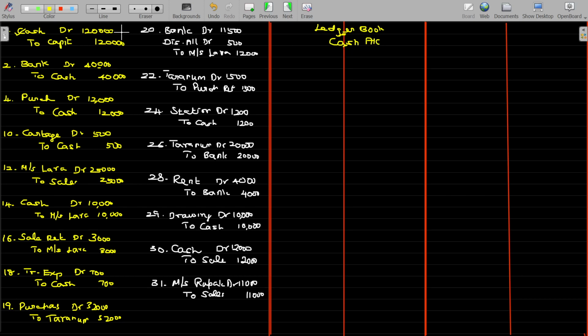The value is 1,20,000 given in the debit. So I put that value in the debit side, mentioning it as to capital, 1,20,000. In the second journal entry, cash is in the credit side, so I will put that value in the credit side by stating the other account name, by bank.